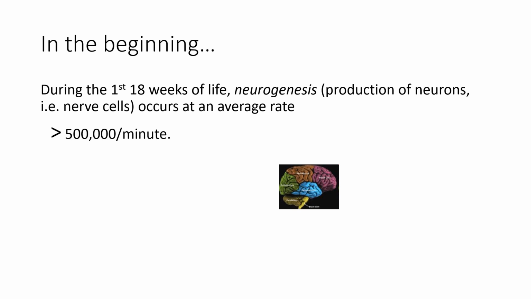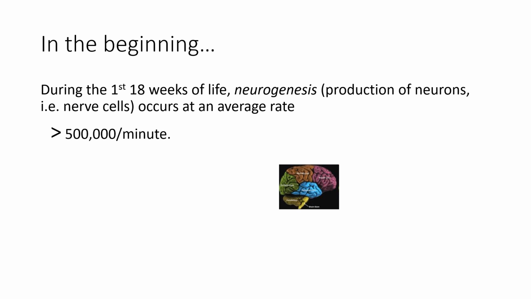During development in the womb, neurogenesis is very rapid. It continues at an average rate of about 500,000 neurons being produced per minute. That is insane to think about. 500,000 neurons are being produced every minute during the first 18 weeks of life.